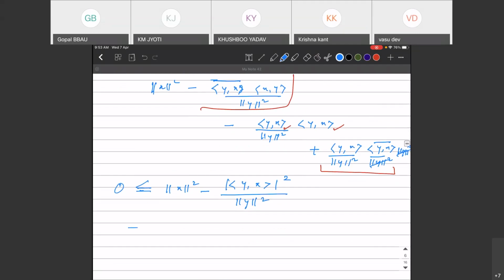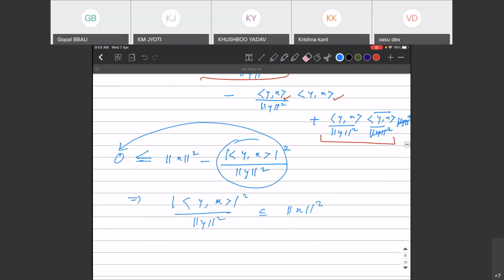So now bring this part to this side. You will get |⟨y, x⟩|² by ‖y‖² is less than or equal to ‖x‖². And from here, to the other side, ‖y‖². So we are done. We get this inequality.